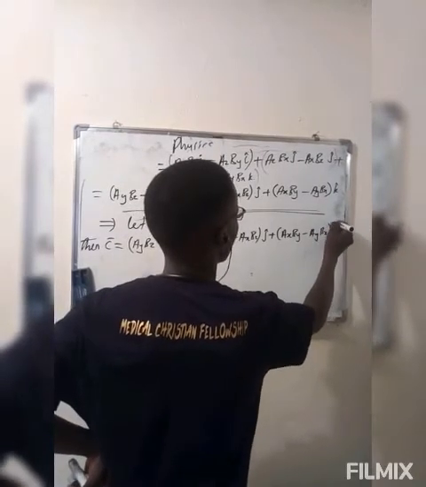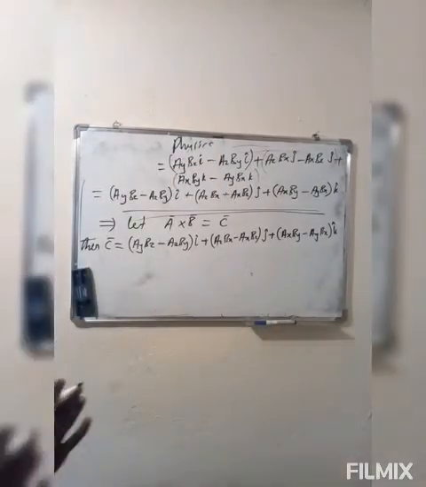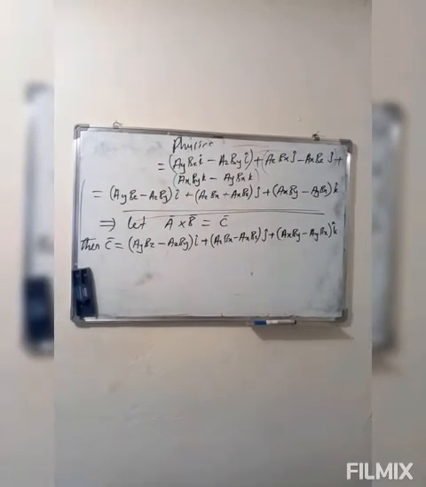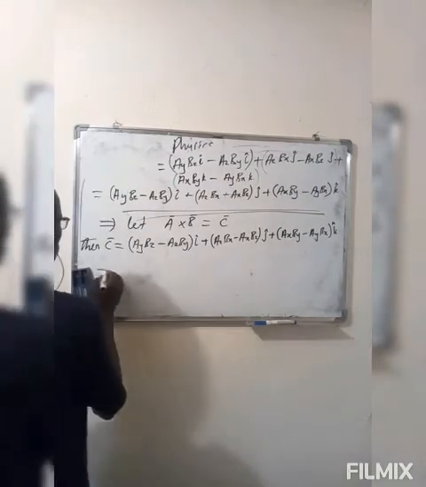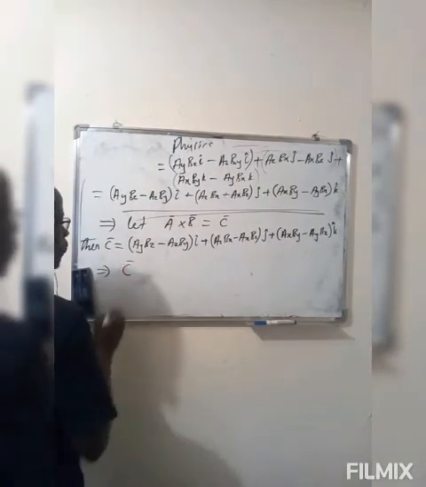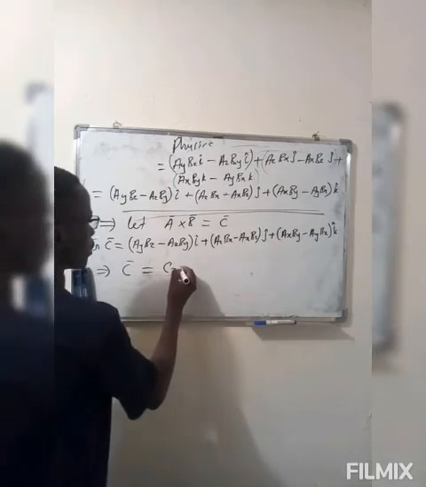Now, there's nothing to memorize here. You don't need to memorize anything. So this implies that the vector C is Cx i plus Cy j plus Cz k.